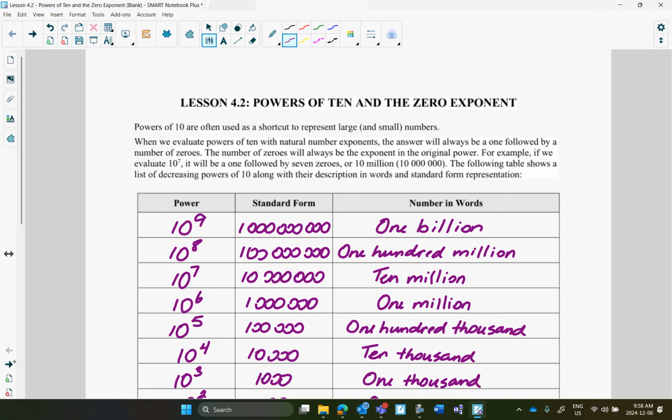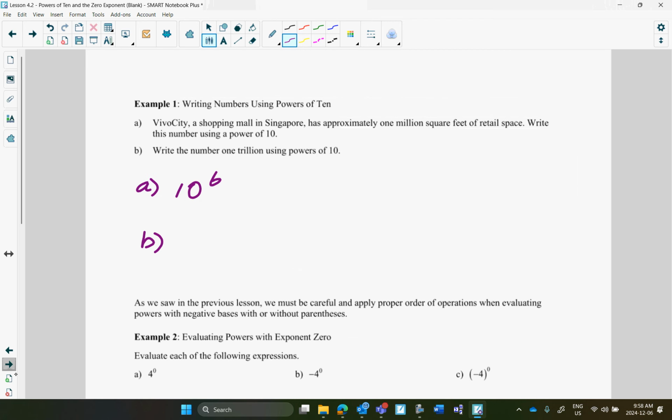And then the next would be a trillion, which would be 10 to the power of 12. And if we wanted to go up to the next word, we'd have to add 3 to the exponents. But we won't worry about doing that.